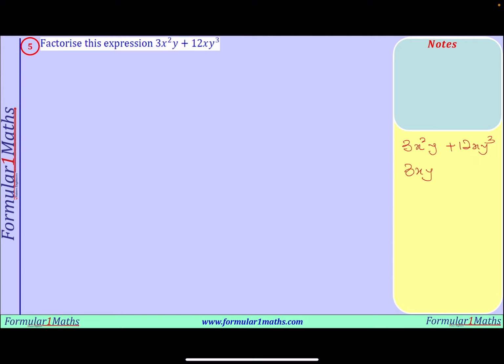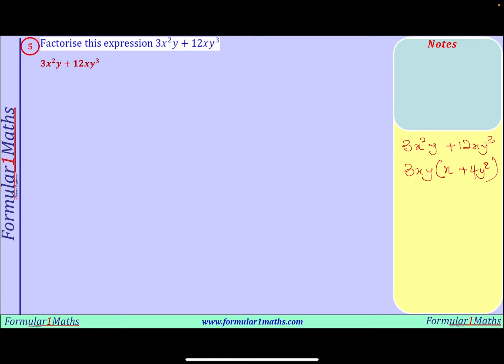So that can come out of the brackets, and then I'll have, for this term here, only x remaining, because if I now multiply this one by that, I'll get this. For the other term, I've got 4 and then y squared. And so this is how we factorize that, and that's how I got this one here.